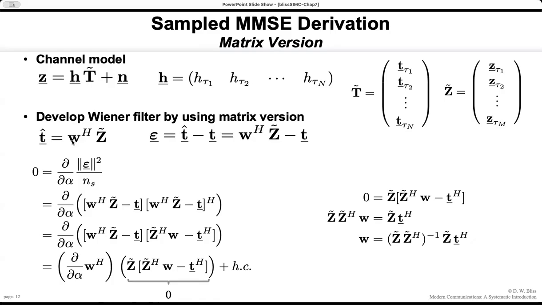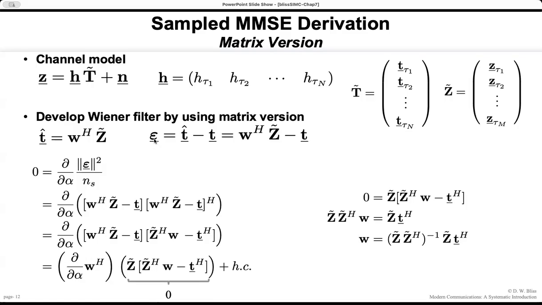When we take W Hermitian times Z, where W is a column vector, it's basically going to multiply each delay by some complex number and add those complex-weighted delayed signals together, and that'll give me an estimate of the training data that was sent. So if we do a good job, the estimate of the training data is going to be close, and if we do a bad job, it won't be close at all.